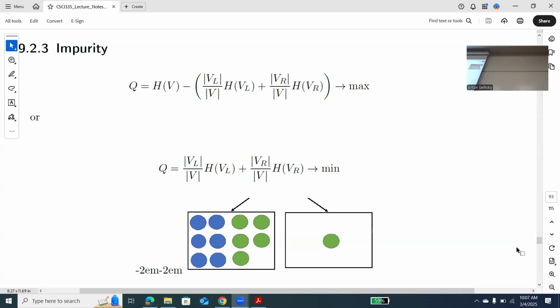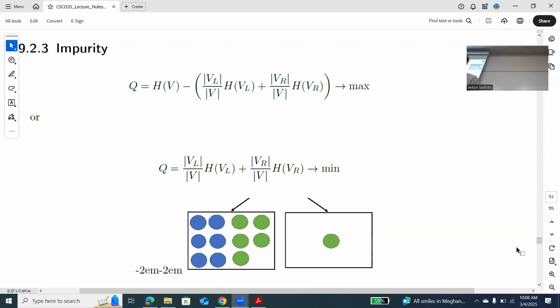So it's a constant. And to maximize this gap, it's the same as make the second term as small as possible. So instead of maximizing the difference and calculating the entropy for parent node, we can minimize this quality function. So we will do just less computation.